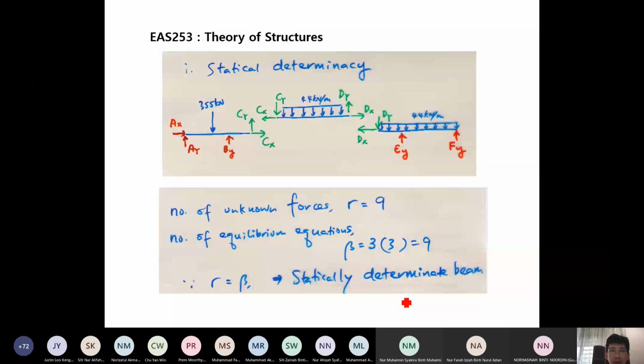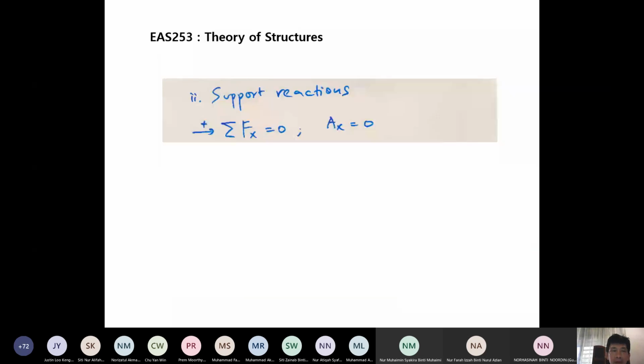So next, we do the same thing. We want to calculate the reactions. These are beams with hinges, so we have to make use of the hinges. The first equation we use is to consider the whole beam and take forces in x direction equal to 0, so immediately we get AX equal to 0, because there's no loading in the x direction.